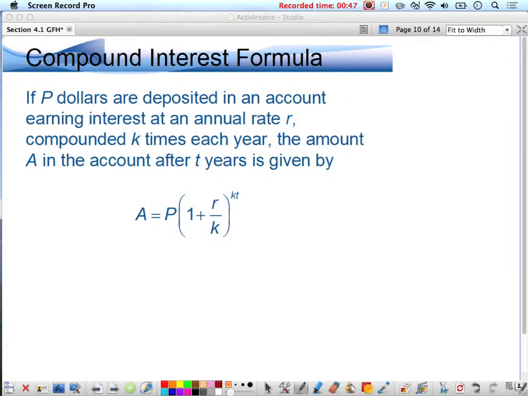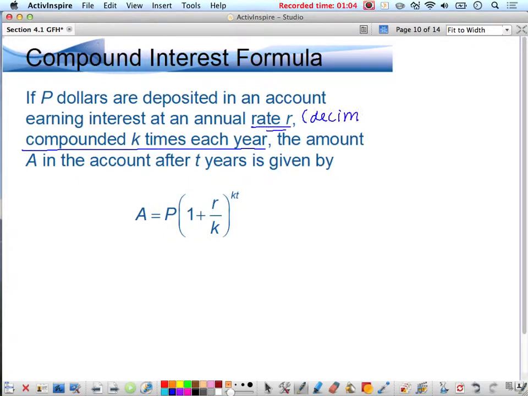So if it's not already a decimal, you have to convert that interest rate to a decimal, divided by K. Now K is the number of times that your interest is compounded per year. Then you close that parenthesis and raise it to the KT power.